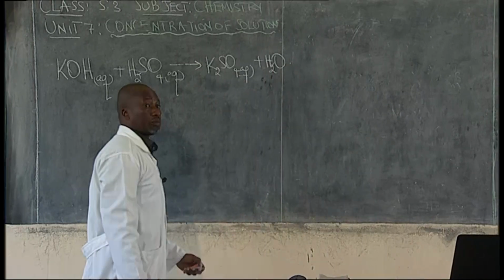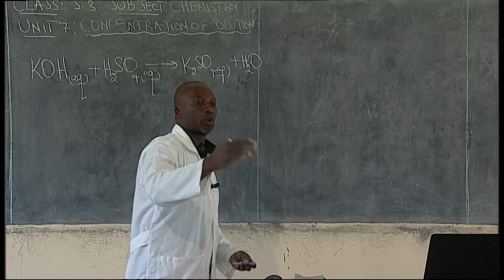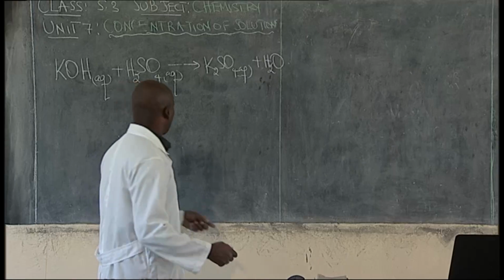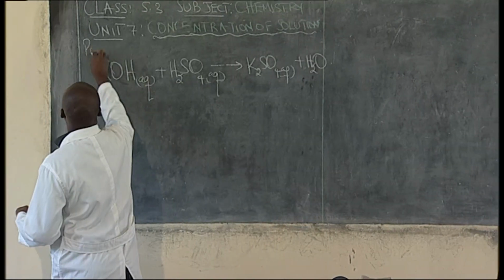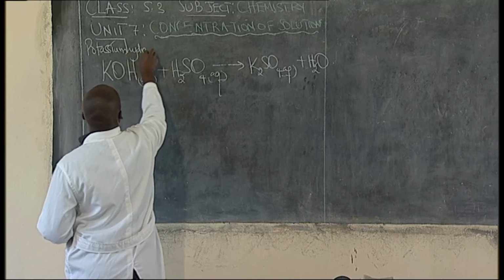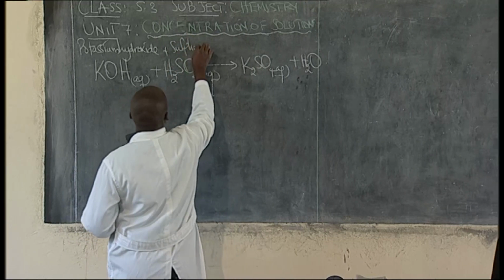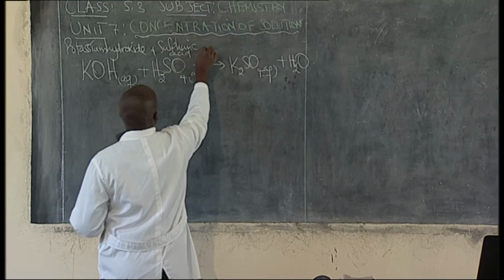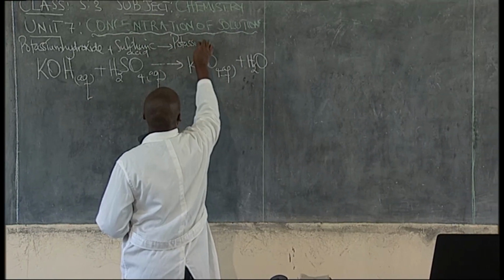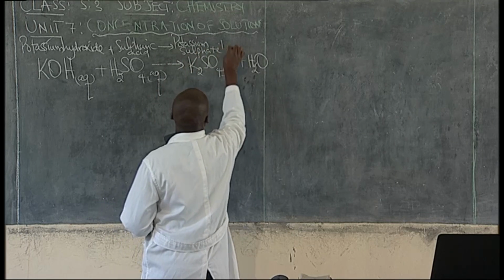So this is the most important part of the reaction. Actually, they are even asking us to write a word and a chemical balanced equation. So if you write there, this is potassium hydroxide plus sulfuric acid, that gives us potassium sulfate plus water.